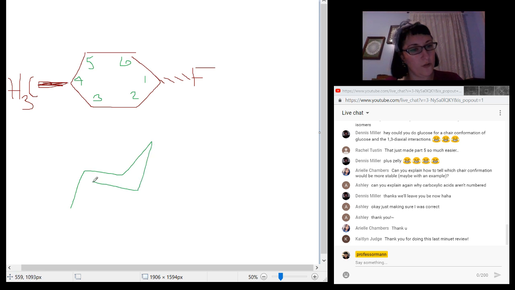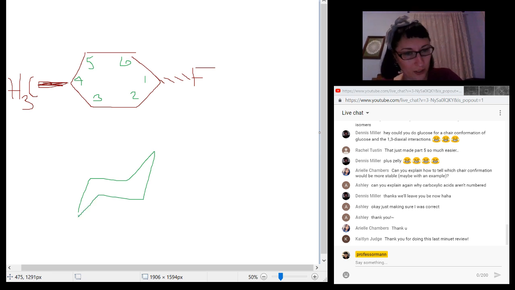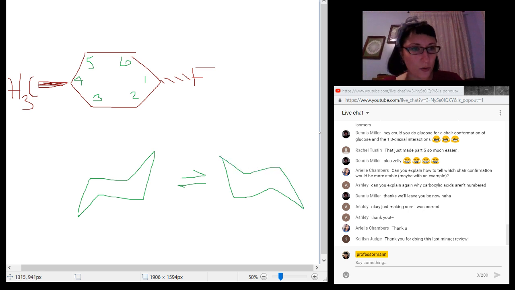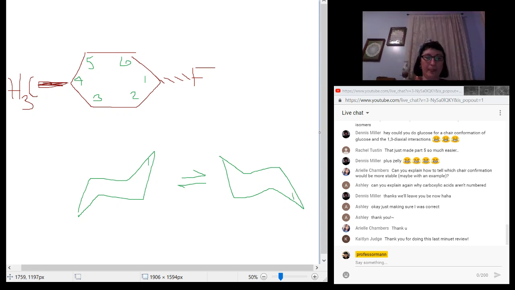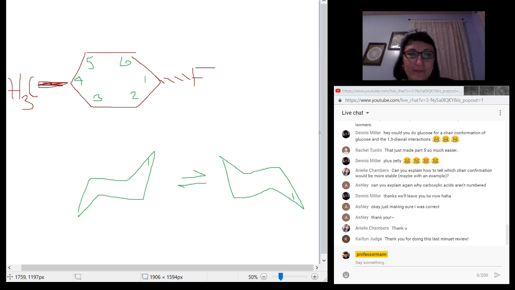And on my chair conformations, whoa, these are so much harder to do on a computer screen than on the board. So let's do this one there as number 1. So go ahead and do that one. And then here in a second, I'll give you an answer.